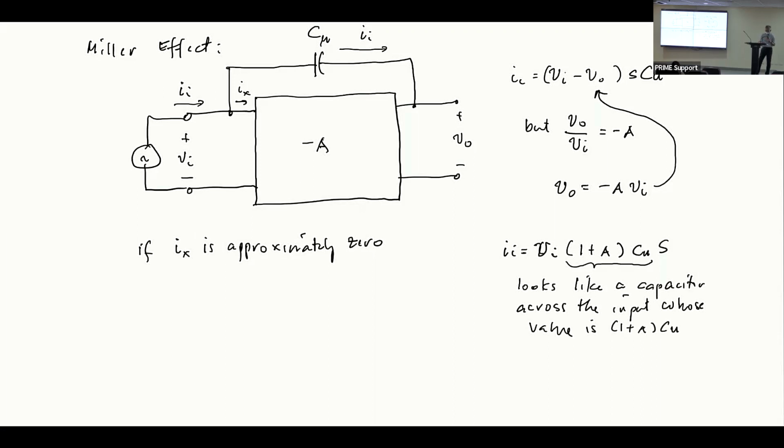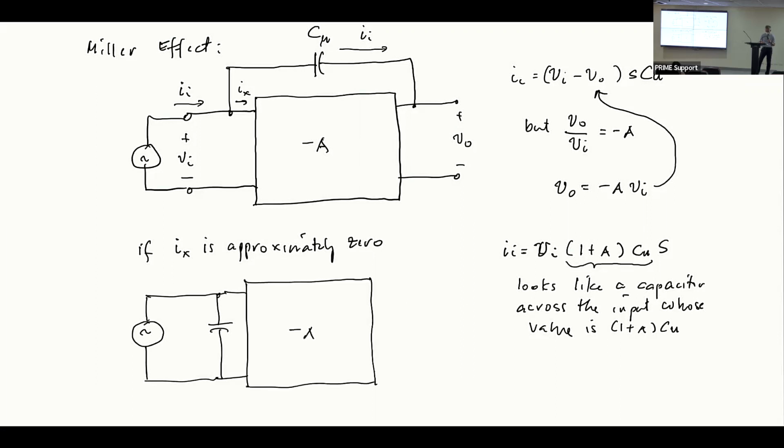In other words, if I had redrawn the circuit this way, so this is, let's say, 1 plus A C mu, I sub I, V sub I. How do I get I sub I here?